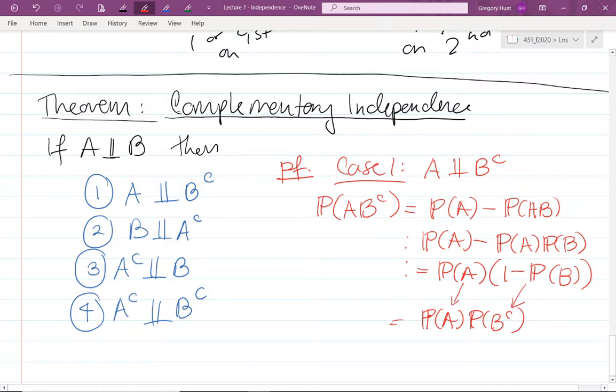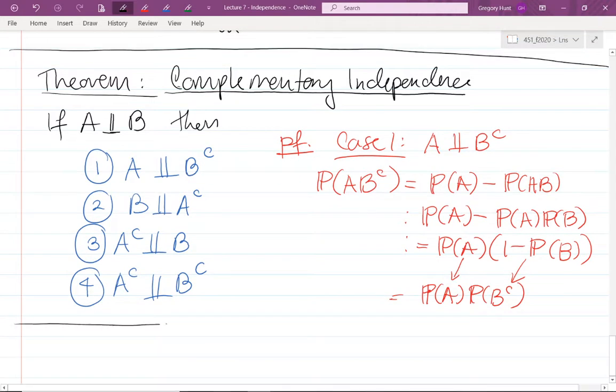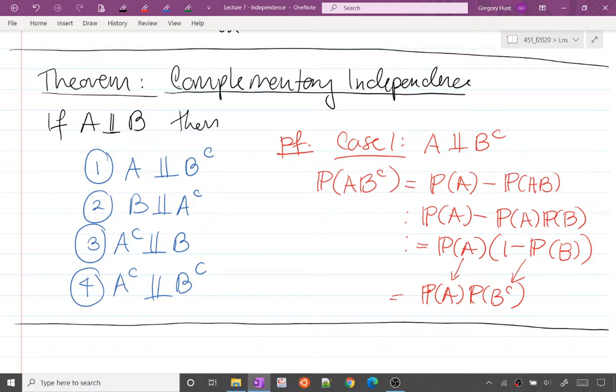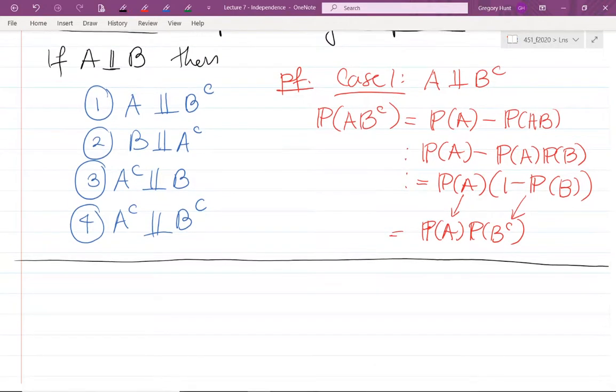And so we've shown exactly what we want to show, which is that if we have that kind of independence, then we can complement arbitrary events and still maintain independence. Okay, that's a nice little helpful theorem.